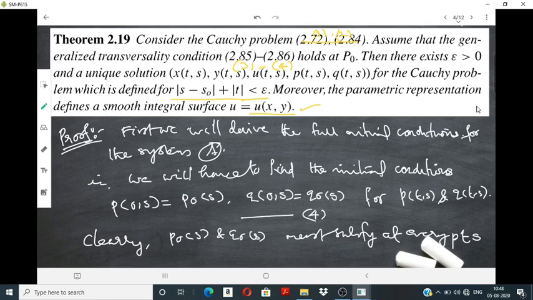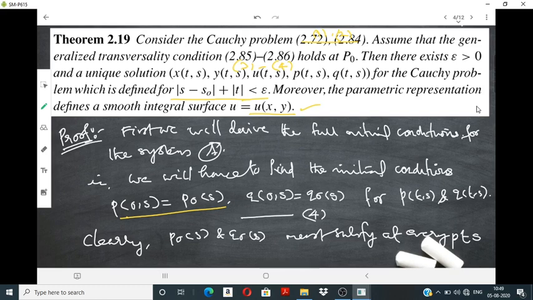Okay, so let's move to the proof. First of all, we have formulated the 5 characteristic equations, and in order to solve these equations completely, we need 2 more initial conditions. That is, we have to find the initial conditions p of 0, s equal to p naught of s and q of 0, s equal to q naught of s.